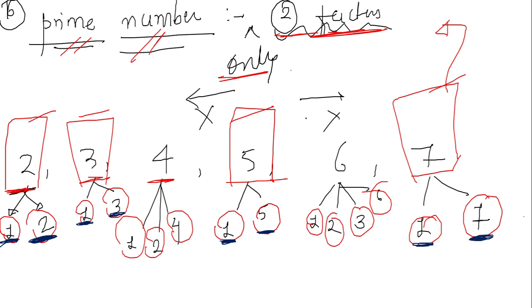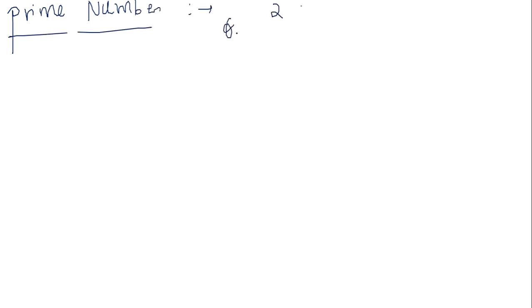So we can also define prime numbers as, let me rub out the screen. Prime numbers are the numbers which have only 2 factors.